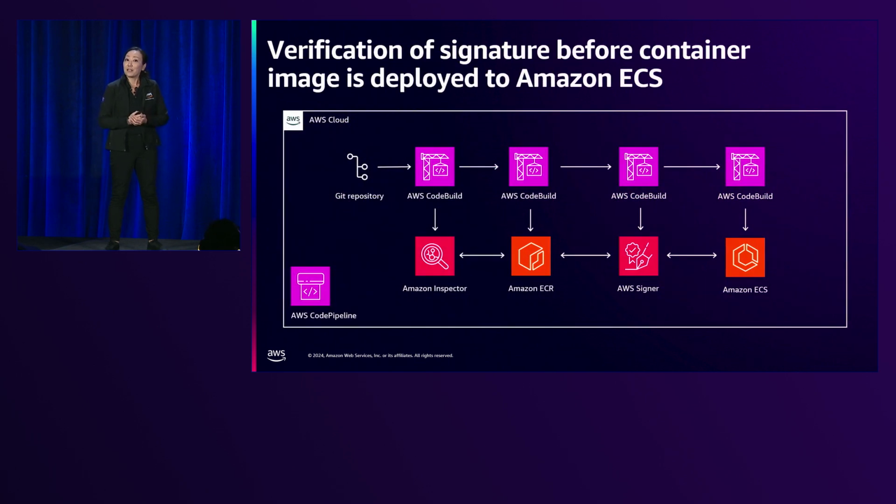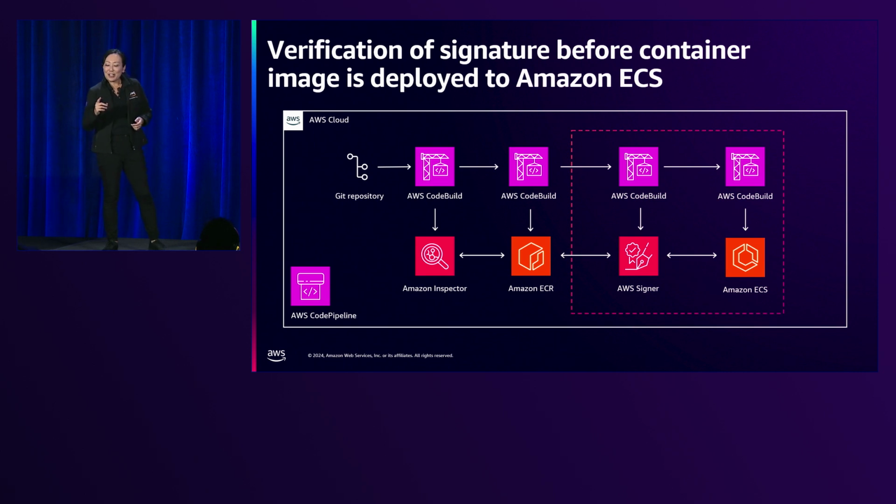So this is what it looks like when you incorporate AWS Signer into your CI/CD pipeline. Again, you saw the first half where Inspector was enabled in order to generate this SBOM file, right? And the vulnerabilities list. Now we're going to be looking at the area under the red square.